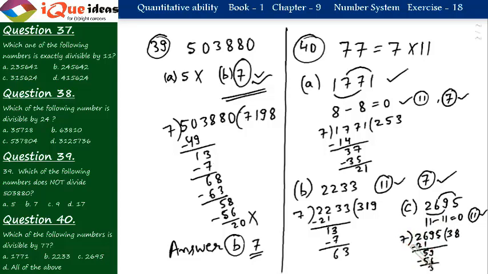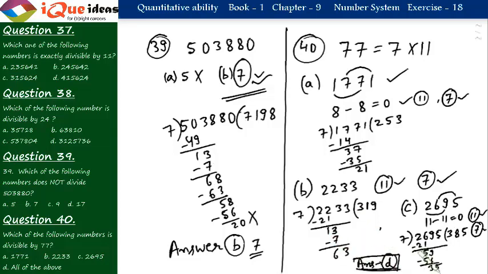So it is minus 3 and 5, 35, 7 5s are 35. So it is divisible by 7 also. So all three options are divisible by 7 and 11 both, hence by 77. So the answer of this question is option D, all of the above.